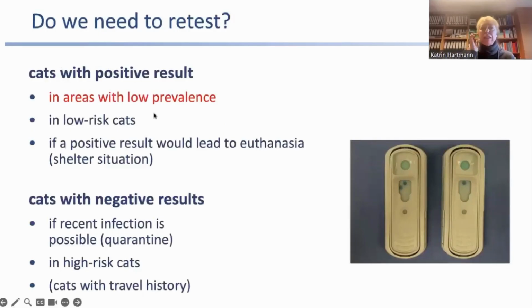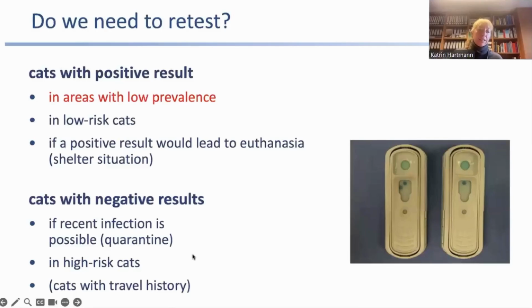So when do we need to retest? Well, when the prevalence is not very high, we always recommend to retest if there is a positive test result. We also recommend it if a cat that is very sick and is positive would be euthanized because of a positive test result; we always recommend to repeat the test.